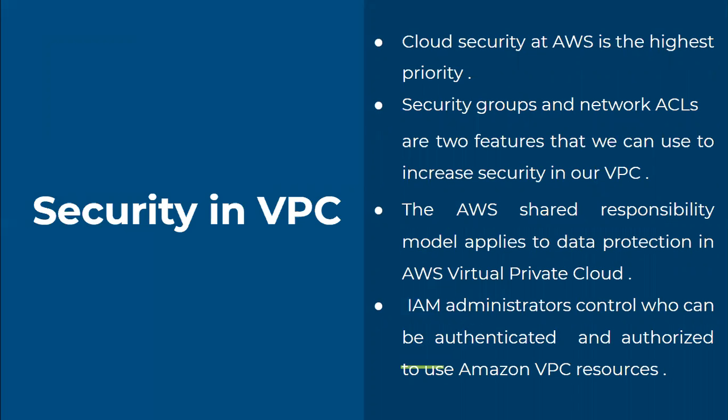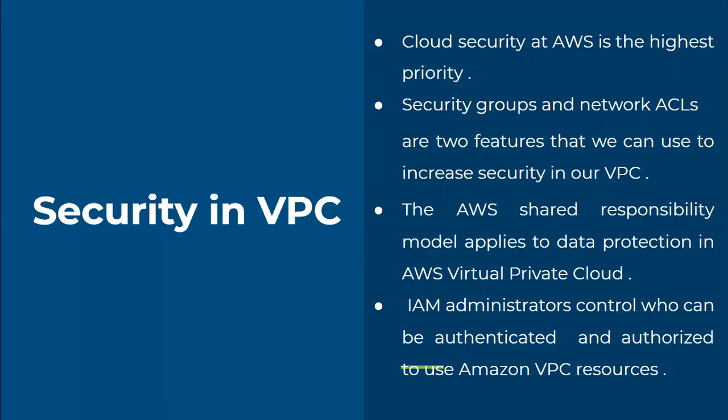Security is one of the key features in AWS, and they are providing it really well. Cloud security at AWS is the highest priority. So, security groups and network ACLs. Security groups act as a virtual firewall to control inbound and outbound traffic. And the network ACL acts as a packet filter.